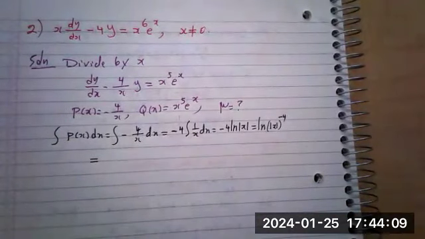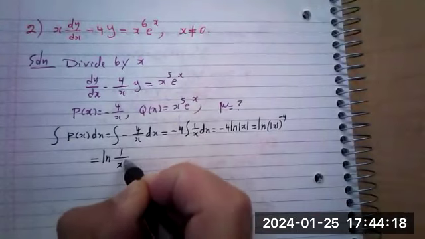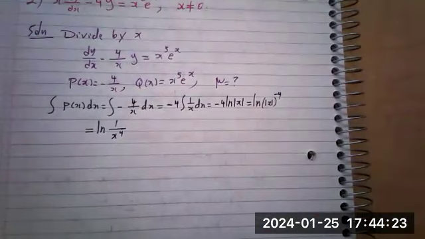Because to the 4 would be x to the 4, but since it's a negative, it's going to be ln of 1 over x to the 4. So this would be the final answer. You got to be careful. These simplifications are important. If you miss that negative sign, the resultant integral would be very complicated.